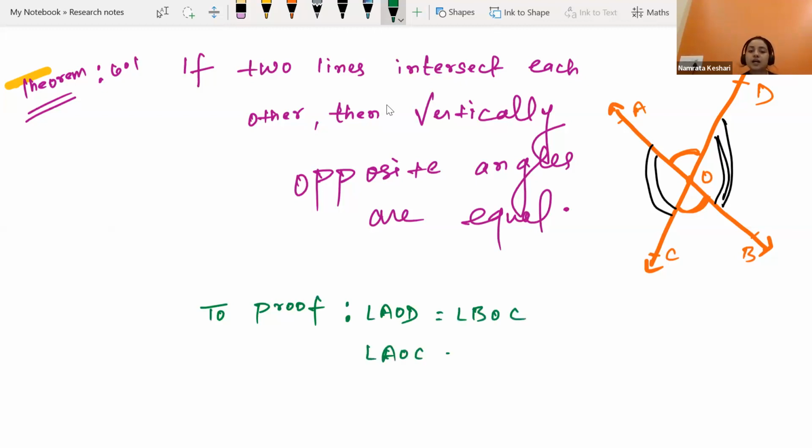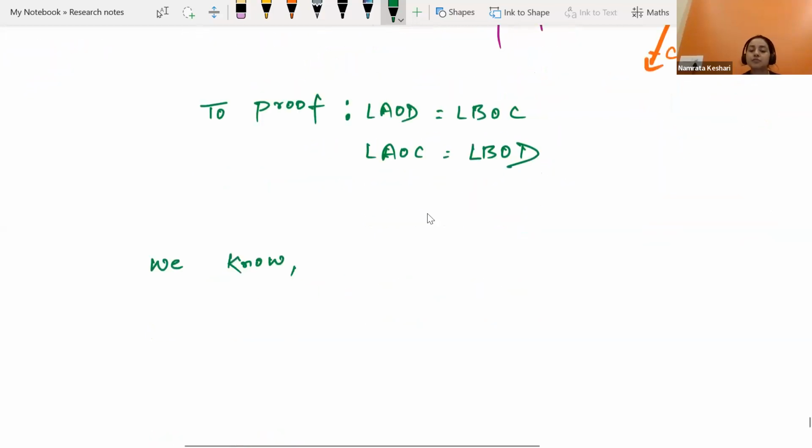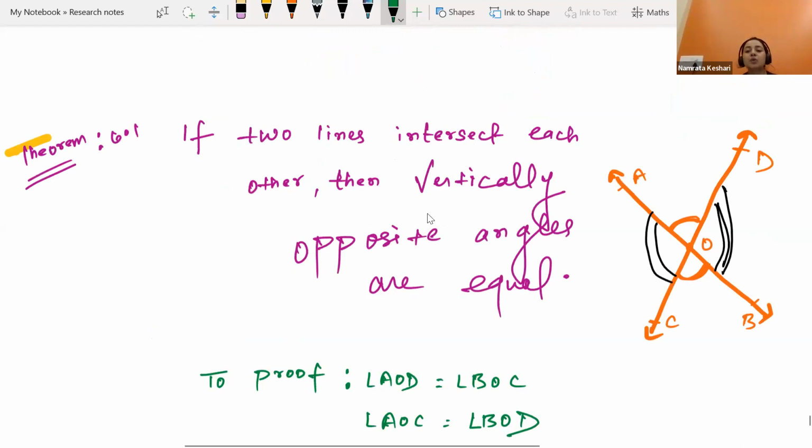Yes, Saziya, what can be the first step? Ma'am, angle AOD plus angle DOB is equal to 180, and angle BOC plus angle COA is equal to 180. Focus on the figure. If you want me to draw it over here: AOD plus DOB.